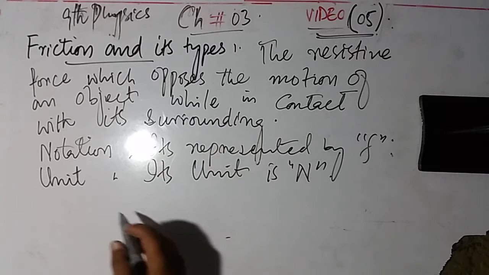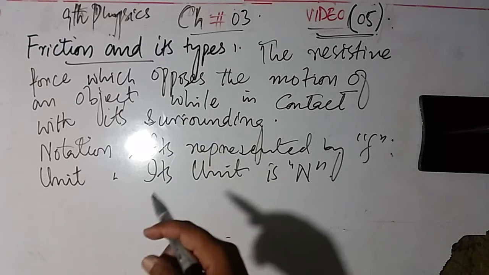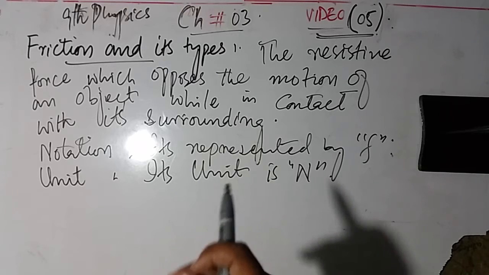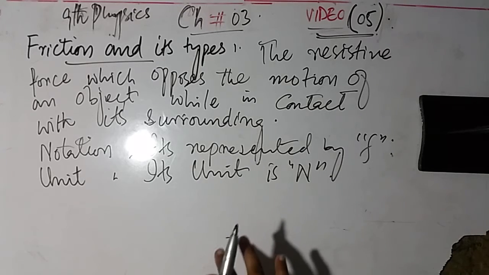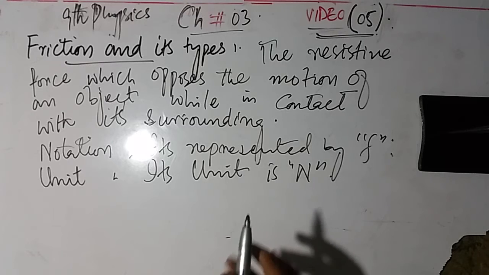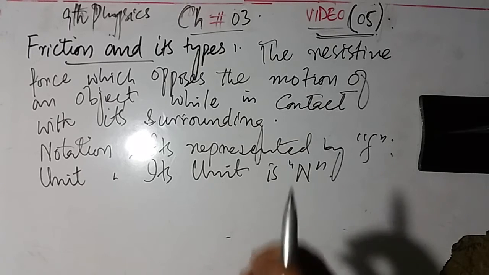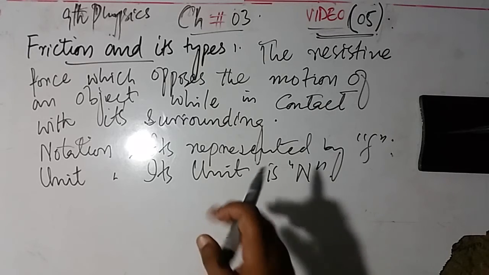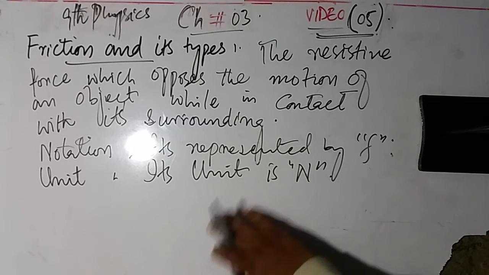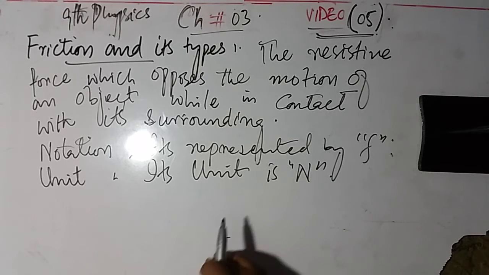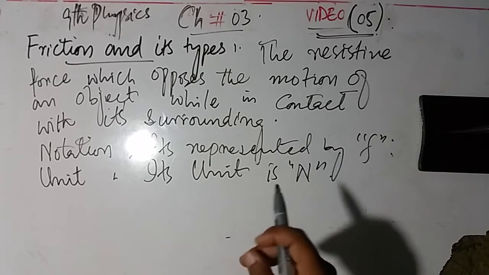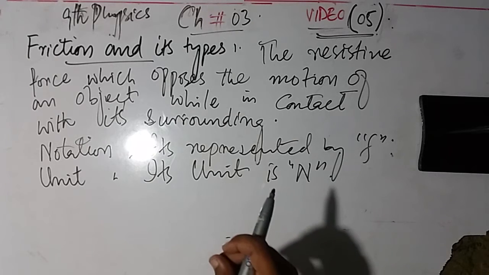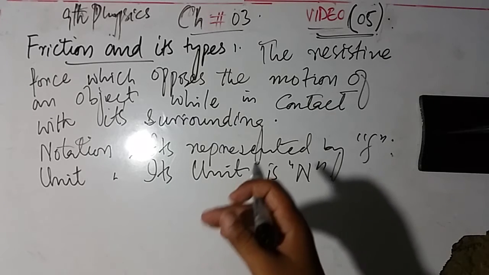The first is when the object is stationary, it is in contact with the other surface. And when a body is moving, it is also in contact with the other surface. So we have different concepts according to the frictional types. We are going to explain it one by one.